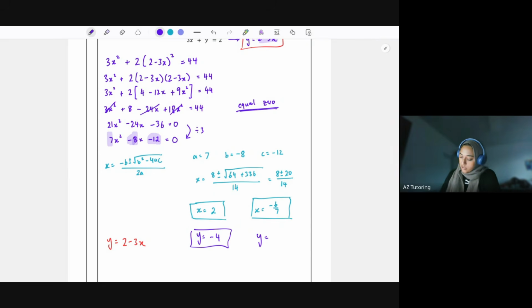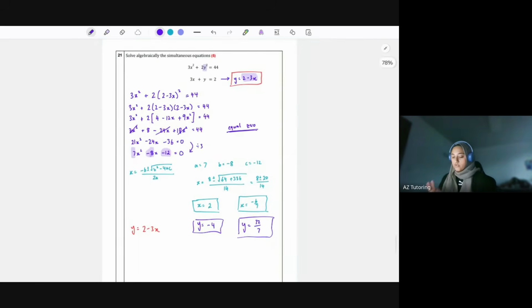And our y value here is 2 minus, we're in the calculator, 2 minus 3 times minus 6 over 7. Now you can write it all out and work it out bit by bit if you want to, but I'm just going to plug it all into the calculator, and I get 32/7. And that's my final answer.